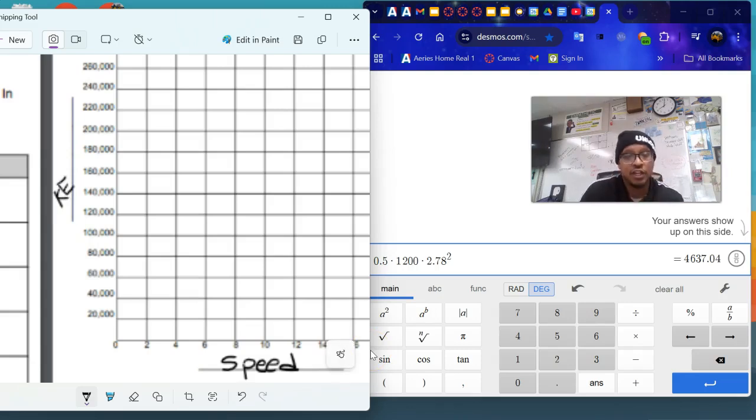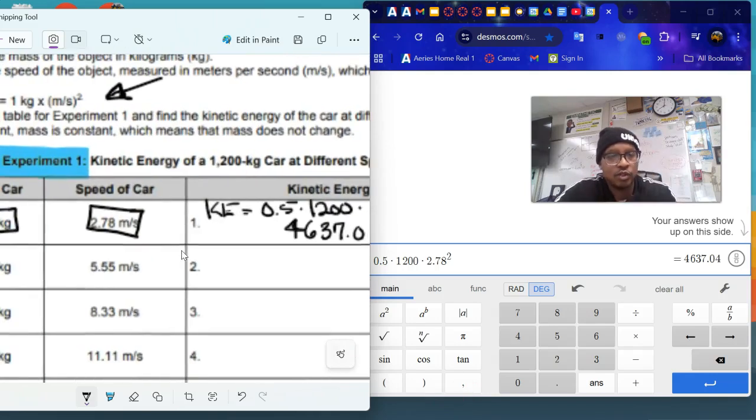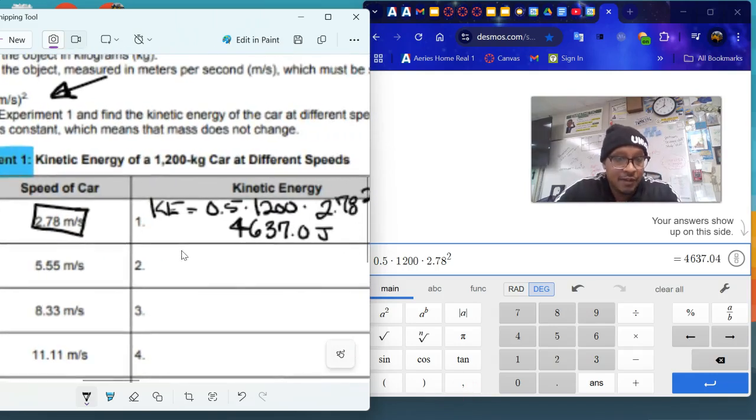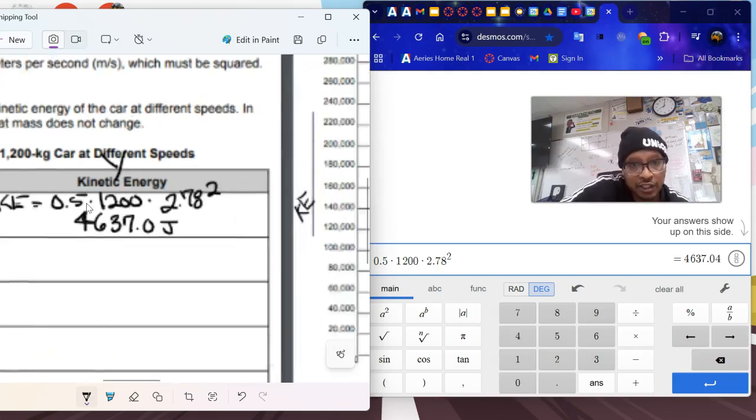This is kinetic energy. Now, if we go to graph, the very first point that we have is going to be when speed is 2.78, because speed is our X in this case. So speed is X, and kinetic energy is Y. So when speed is 2.78, our kinetic energy is 4,637.